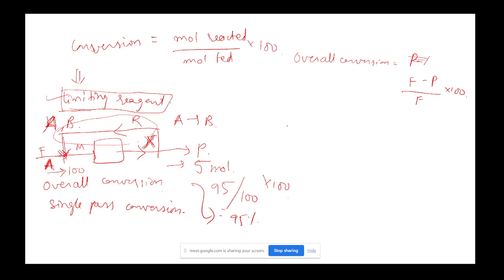Now if I want to write for single pass, we just take into consideration this much system. So whatever is going in and whatever is going out, you consider just this much and measure the conversion. So single pass conversion is nothing but M minus X upon M into 100.